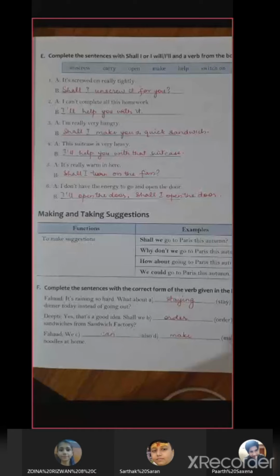Number three, I'm really very hungry. Answer, shall I make you a quick sandwich? Number four, this suitcase is very heavy. Answer, I'll help you with that suitcase. Number five, it's really warm in here. Answer, shall I turn on the fan?